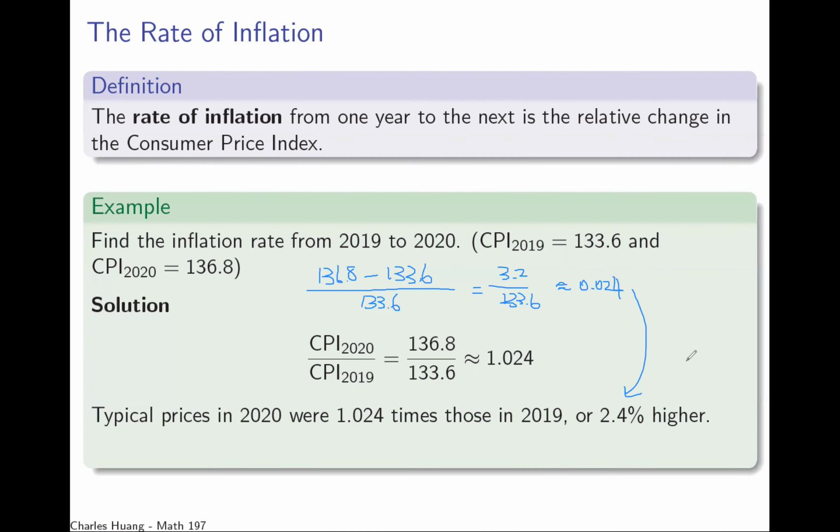And this is, for me, easier to understand because we're finding the difference. We're finding how much more, and I'm finding out what's the percentage of that. Rather than just dividing it, and then we have to subtract 1. So both ways are okay, but I like this way better.